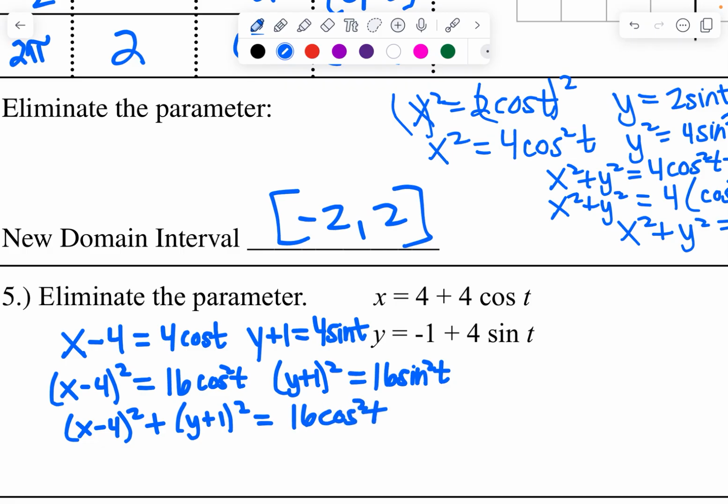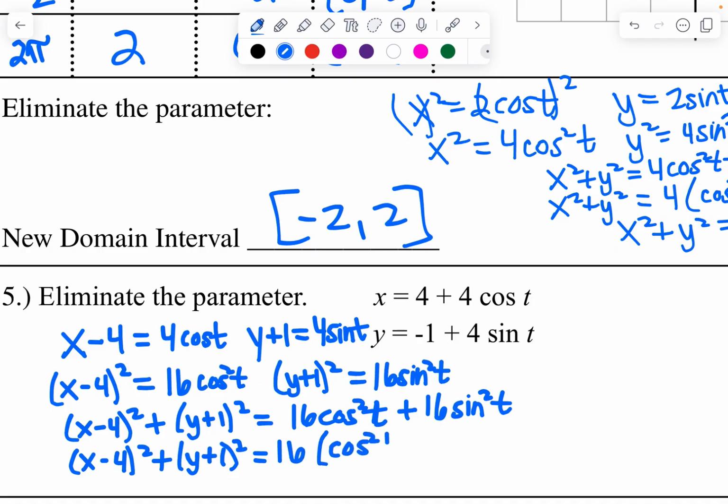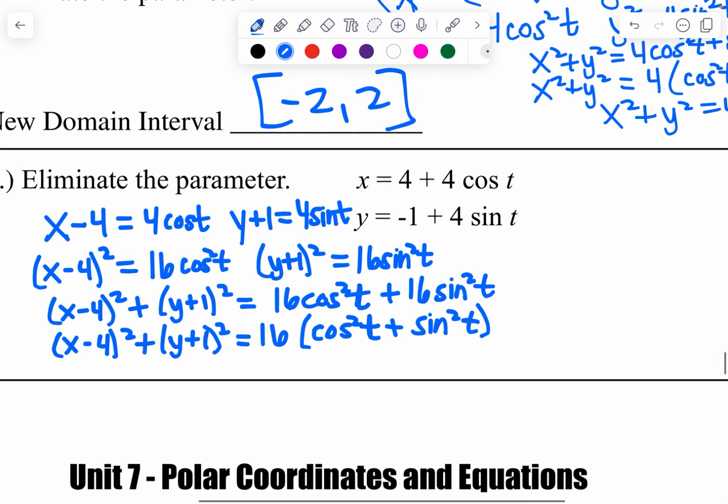So 16 cosine squared t plus 16 sine squared of t. And then since they both have a 16, we will factor that out as the greatest common factor. Leaving us with just cosine squared of t plus sine squared of t, which is the Pythagorean identity. We know that equals 1.